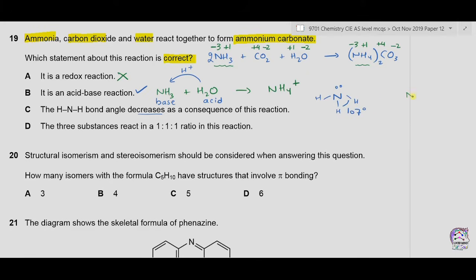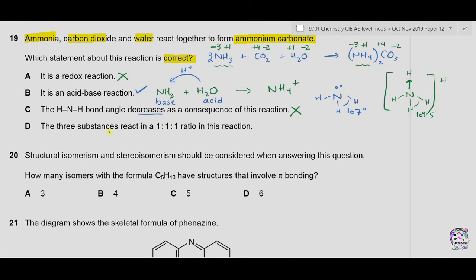In ammonium ion we have 3 hydrogen atoms covalently bonded with nitrogen, and the fourth hydrogen is making a coordinate covalent bond with nitrogen, and the overall charge is +1. As there are 4 bonds, so the bond angle will be 109.5. As the bond angle has increased, so therefore statement C is wrong.